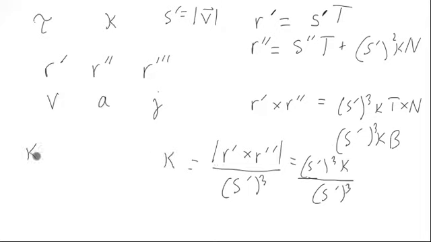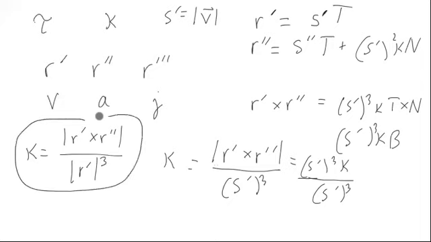So we have a nice formula for kappa if we just rewrite this a little bit. Remember that s prime is nothing more than the length of r prime. So we just take that and cube it, and look, we have a wonderful formula right here for curvature.